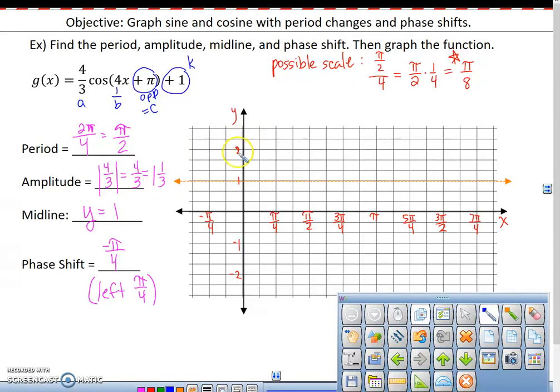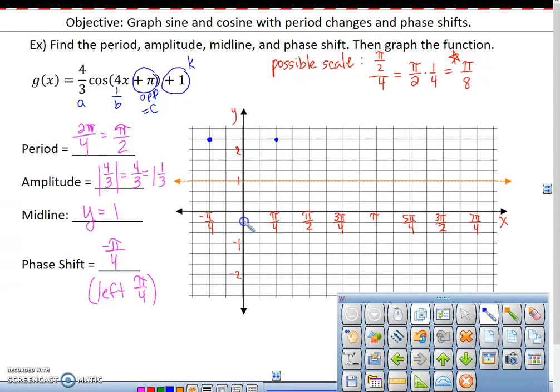But it also has to shift left pi fourths units. So that puts it shifting to the left over here. That point is going to begin the first cycle of this cosine function. Then pi halves units later, and pi halves is 4 squares, notice, we would have another relative maximum right there. Halfway between those two, remember, is a relative minimum.